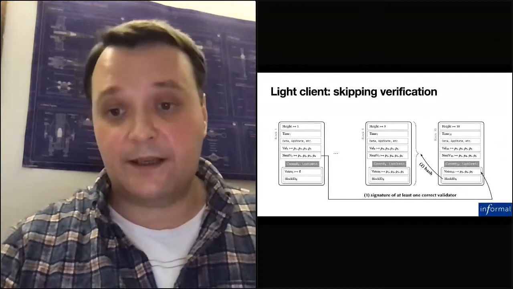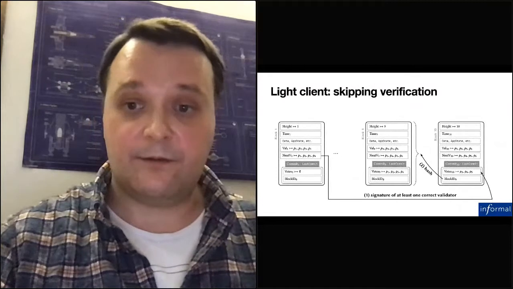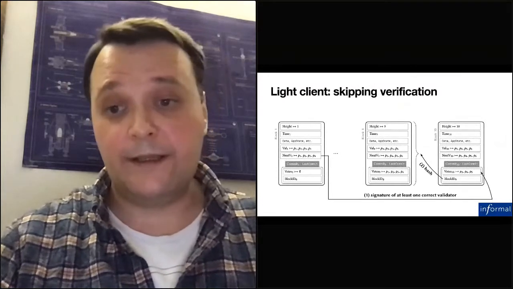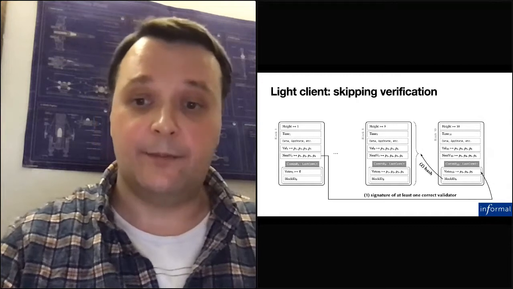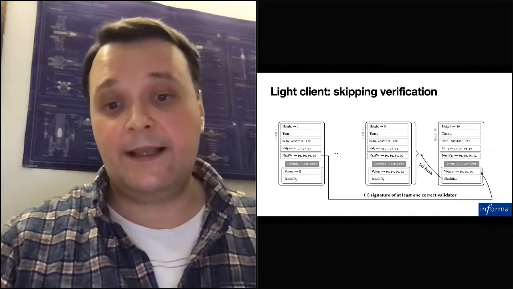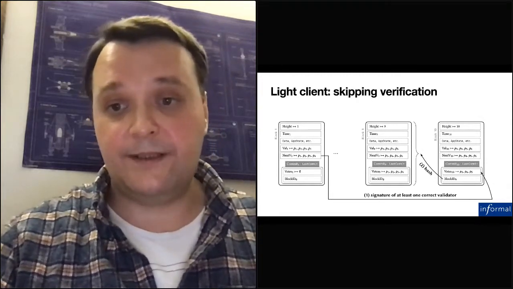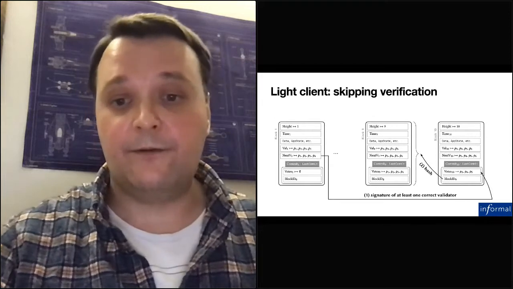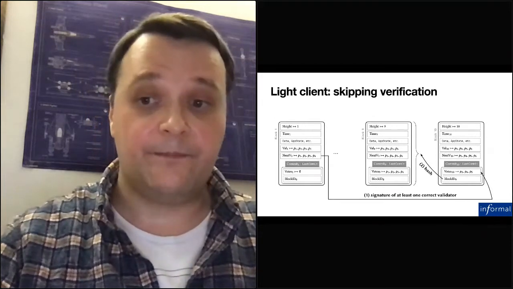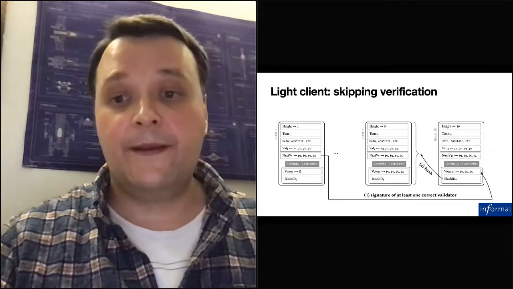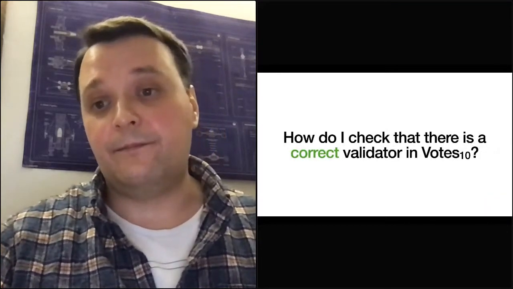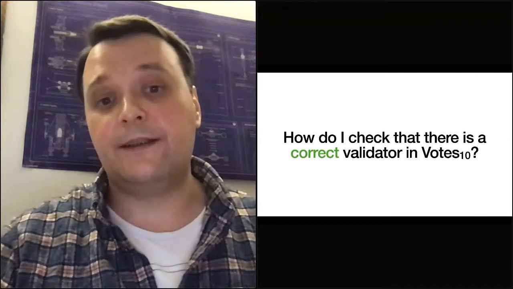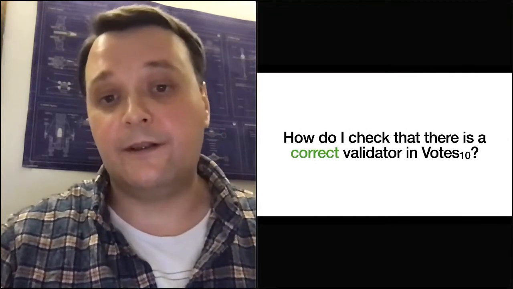In this case, I have to look at the commit, say, for block 9, and for that I'll have also to download block 10, which contains the commit for the block 9. And then I have to check that this commit contains a signature of at least one correct validator. What does it mean? Now we have to understand what it means for a commit to contain a signature by at least one correct validator.